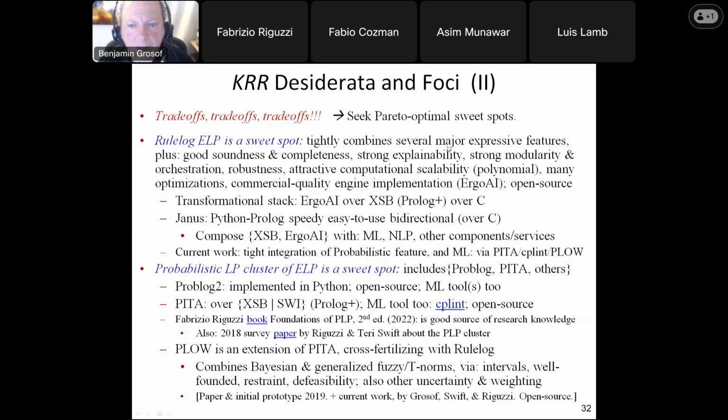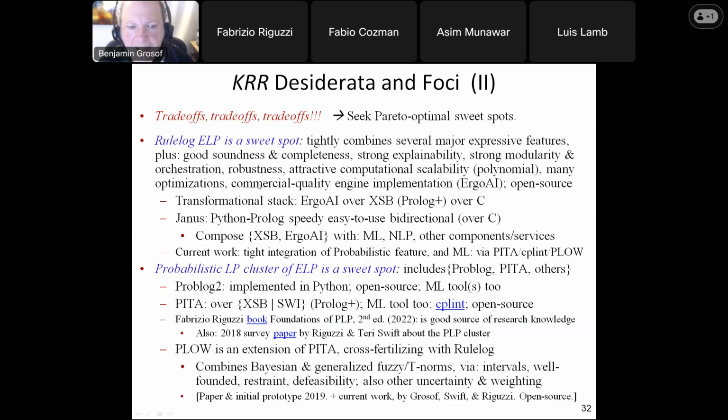And Rulog combines several major expressive features, good soundness and completeness, as I mentioned, also strong explainability, strong modularity, and orchestration, robustness in the face of conflict, so excellent defeasibility characteristics and expressive power, attractive computational scalability, which is polynomial using the bounded rationality feature, and actually better than pure basic LP itself, interestingly.